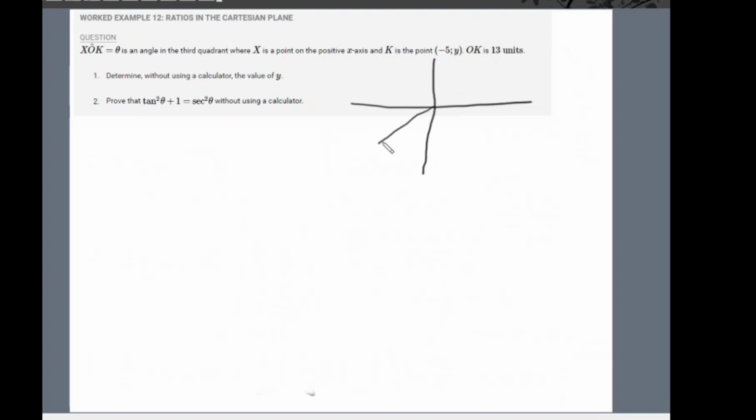So I'll have point K here, and at this point we are in the third quadrant, right? This point is (minus 5, y). That will be our point K, which means x is minus 5 and y we don't know, y is somewhere here. I'll assume O is the origin.